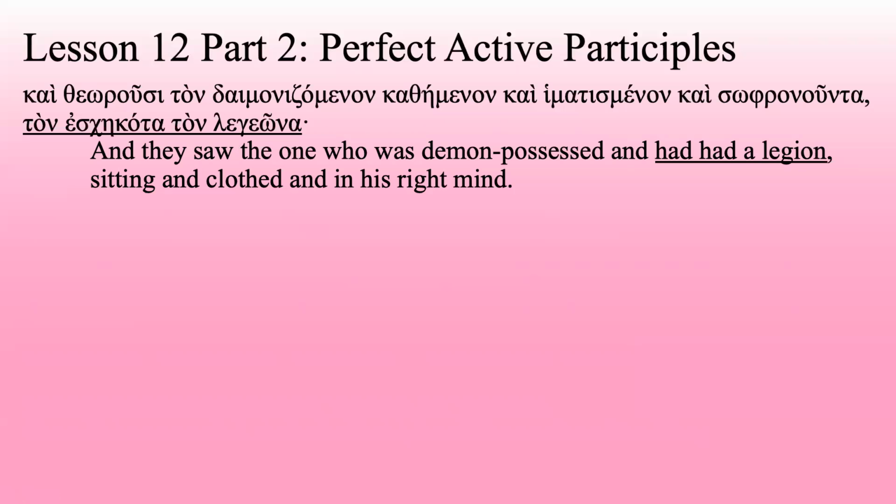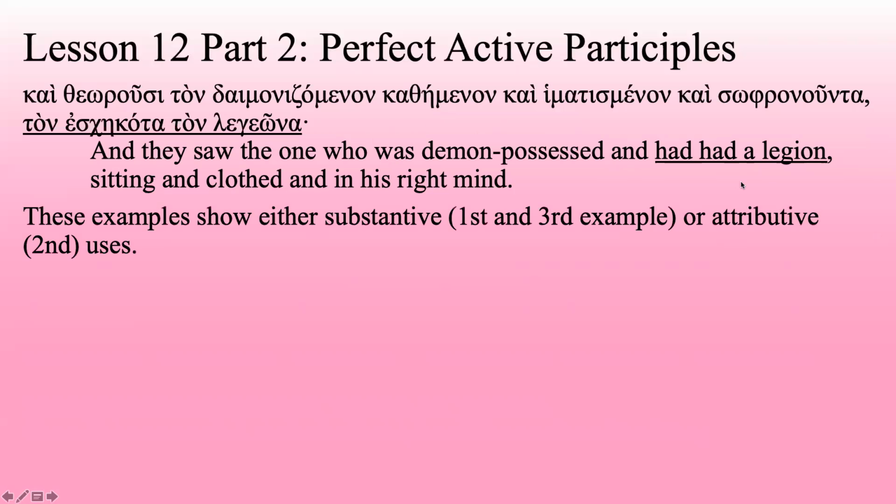And even previous to that action of the seeing, which is in the past, I saw the one who was demon possessed and had a legion. So before they saw in the past, this man had a legion, completed prior to the seeing.